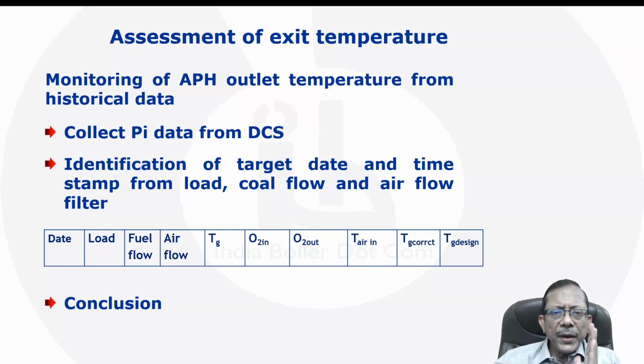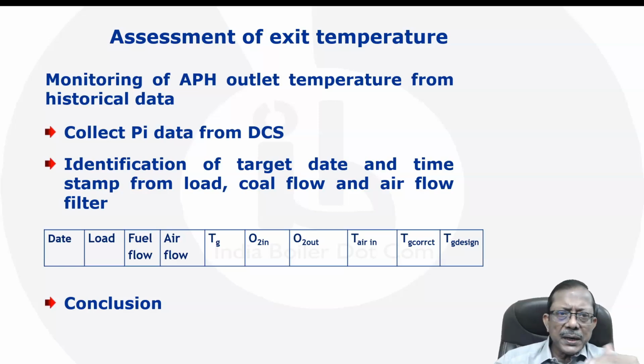So this is the way one can monitor the APH outlet gas temperature, and I'll tell you, if you do that, in most cases you are going to find that your APH outlet gas temperature is 14, 15, 20, 25 degrees more than what it could have been, right? And a serious attempt should be taken to correct that.